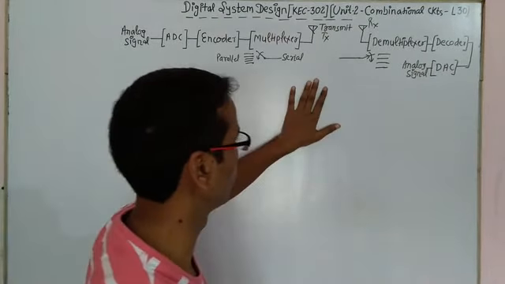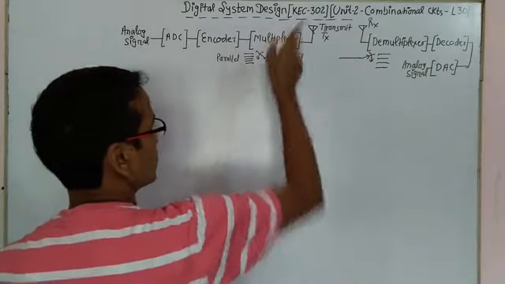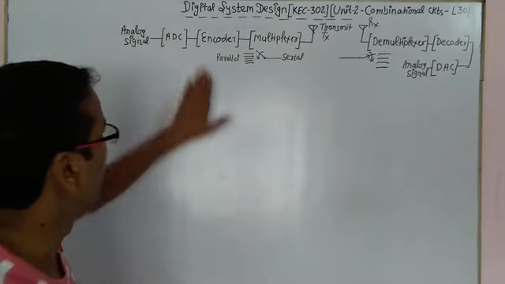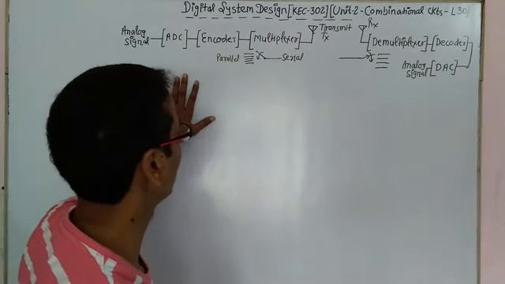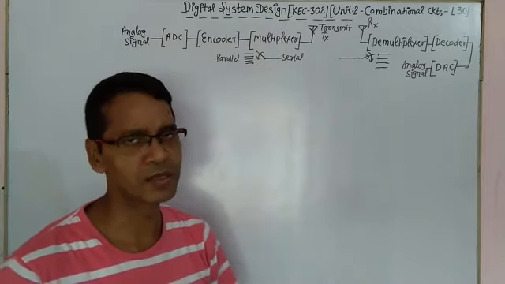This is necessary to understand first. After that we will learn how we design these multiplexer, demultiplexer, encoder and decoder. Before designing you must know where we use all these combinational circuits.